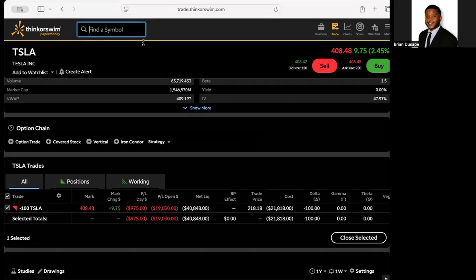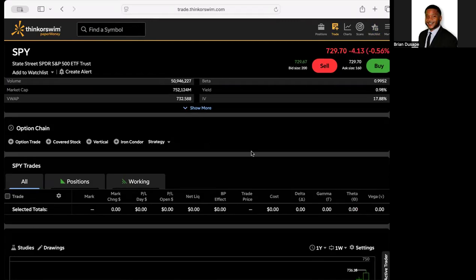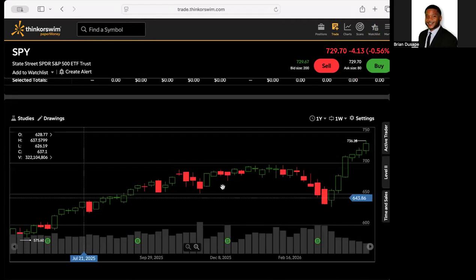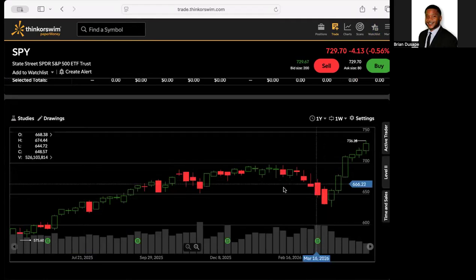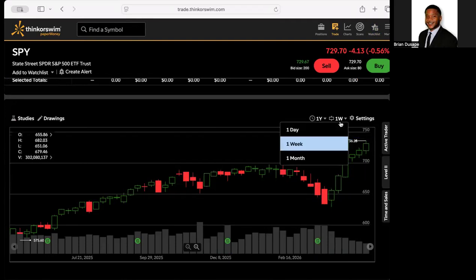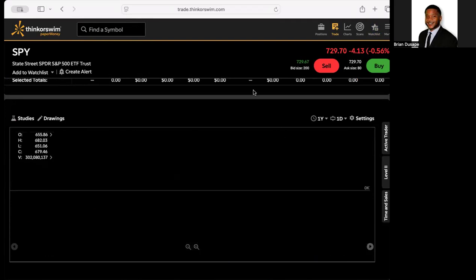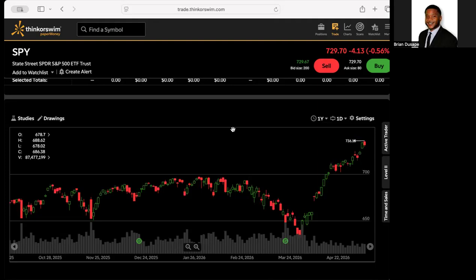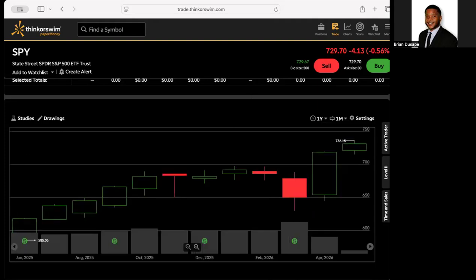A great place to start is SPY, which is an ETF. This is how it's been looking. I'll change it to the day so I can see how it's been moving. I'll change it to the month. Another quick check I'll do is on another ticker called QQQ.